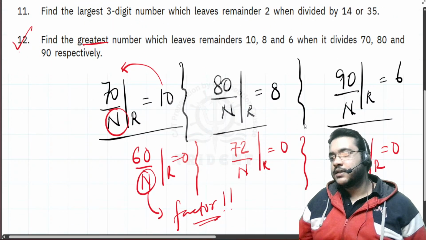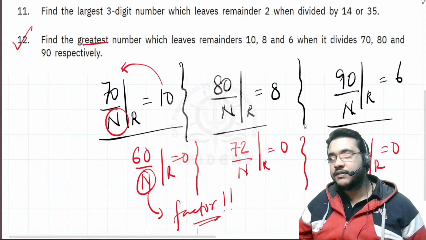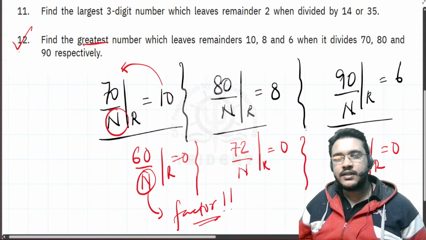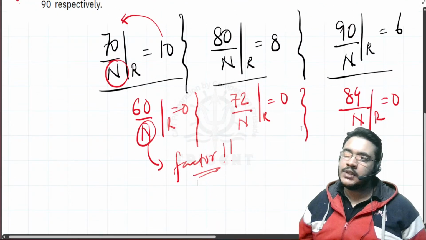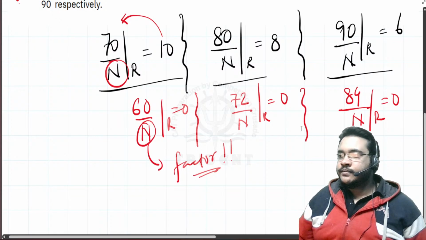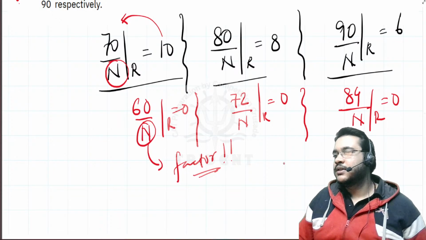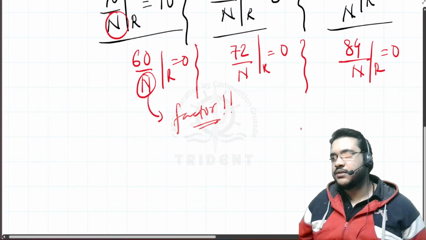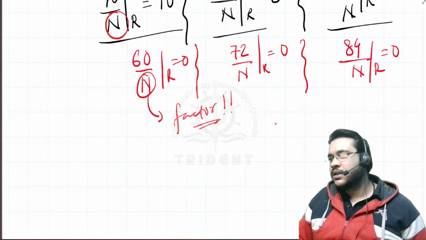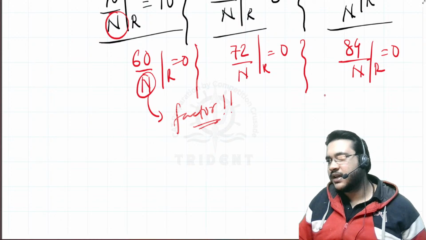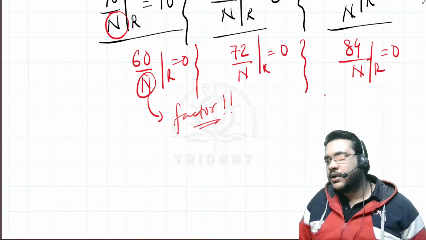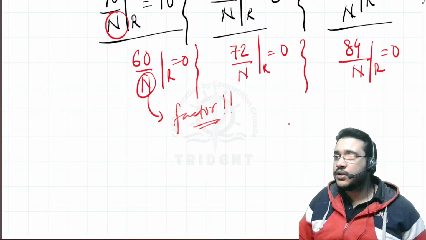So now, if I need to find the greatest number that will leave remainder 0, 0, 0, effectively that is the greatest common factor or divisor, the HCF. How do we calculate the HCF? There are many ways to find the HCF. One of the basic ways is to break the numbers into prime factorized form and then take the common prime bases with the lower index. Or you can also do one thing.